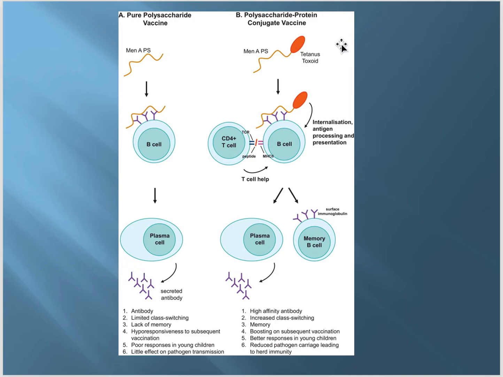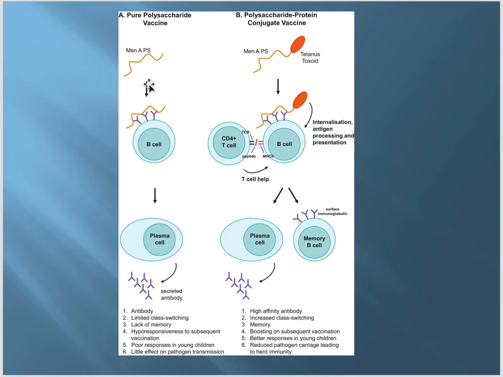On the right side, it shows how we can conjugate a toxoid or a protein with these polysaccharide vaccines, and thus convert the T independent immunity into T dependent immunity. So suppose this is meningitis A polysaccharide, an example of a polysaccharide vaccine.